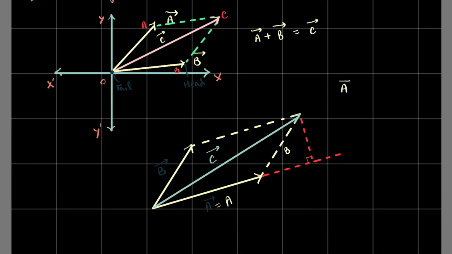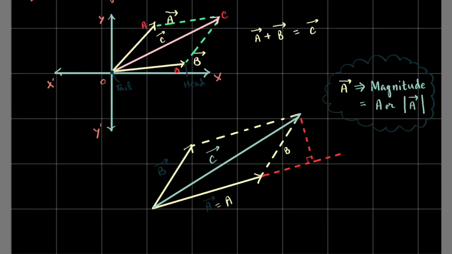If this is, suppose, the A vector, how we denote the A vector, then the magnitude of A vector is equal to either just A without the arrow, or we put something known as a modulus sign or a mod sign, and we enclose the A vector inside that. Okay, so this is how we denote the magnitude of a vector, and this is pretty important, so I'll put a cloud around it.